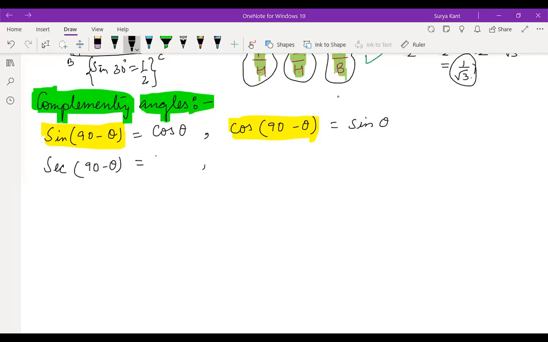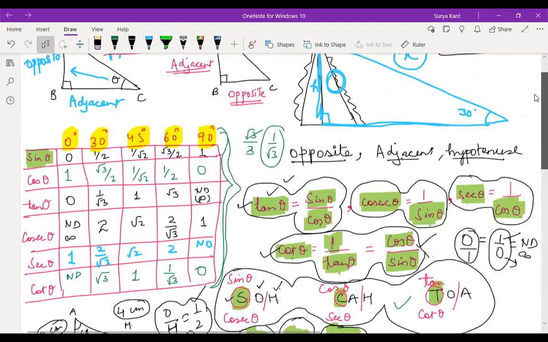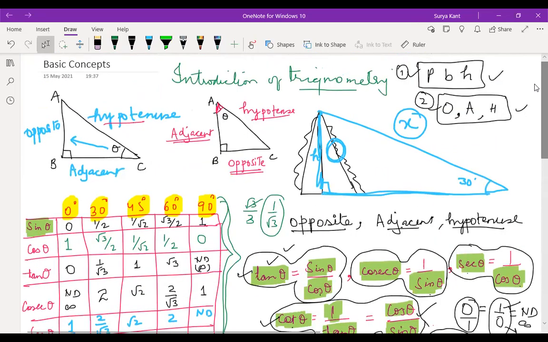Sir, will theta always be angle C? Theta can be anything. I have given two figures here.